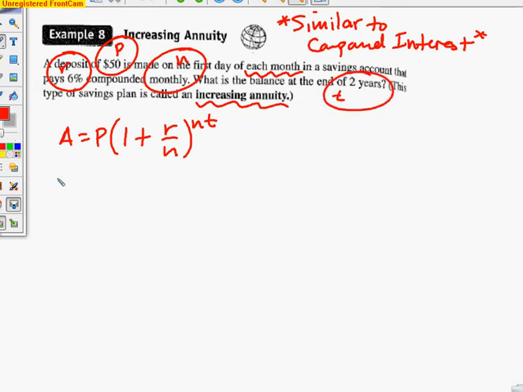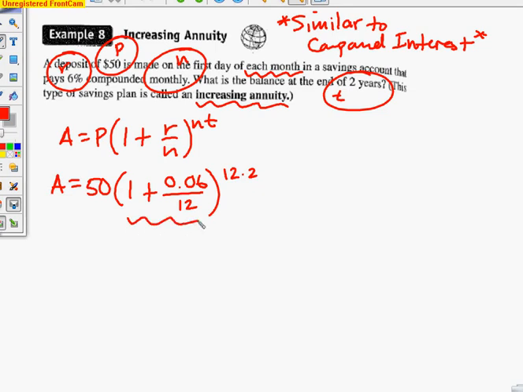Alright. So when you plug these numbers in, A equals 50 times 1 plus 0.06 over 12, raised to the 12 times 2 power. I want to simplify what's inside here. So A equals 50, 1 plus parenthesis 0.06 divided by 12. So that's 1.005, and then 12 times 2 is 24.